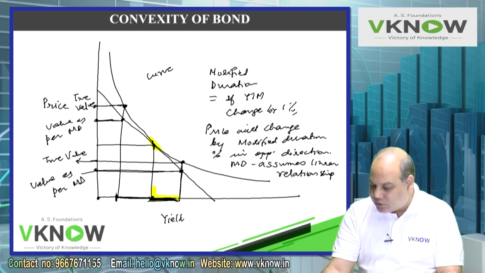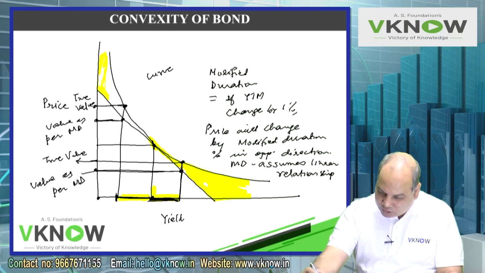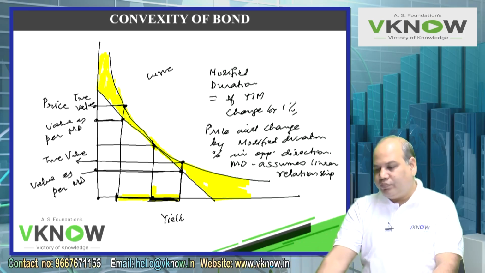But if the yield changes by, as I said, 1 or 2%, then you will see the gap will keep on increasing. As the change in yield is higher and higher, the gap between the price as per modified duration and the true value will be more.